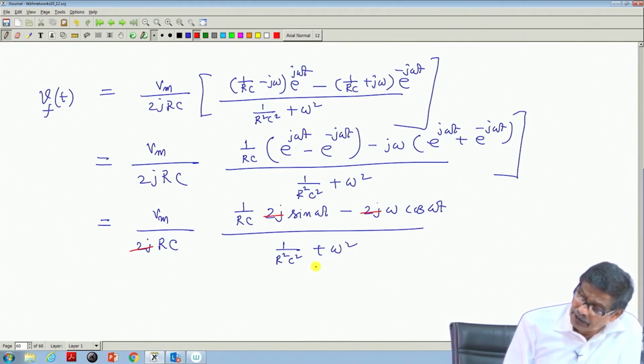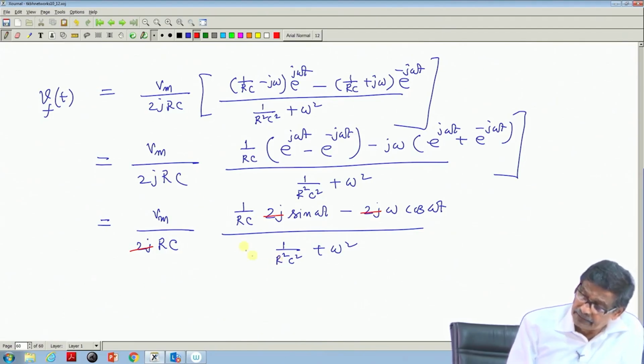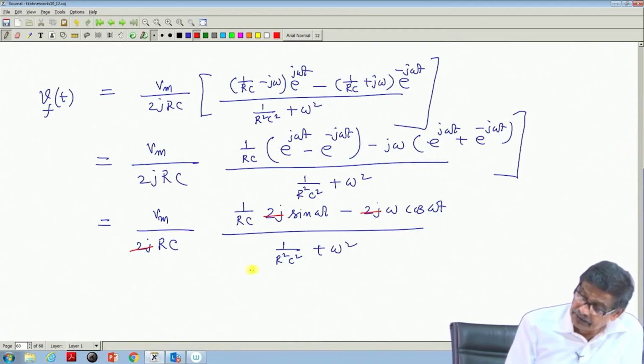Now, what you do is this, hopefully everything is fine. You can multiply with R square in the numerator and denominator. So, if you multiply with R square, or what should I do, omega square c square, let me write.